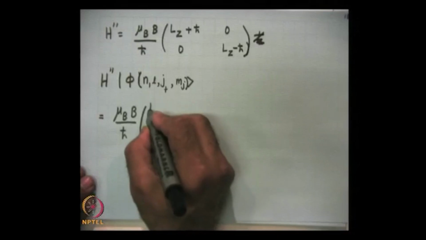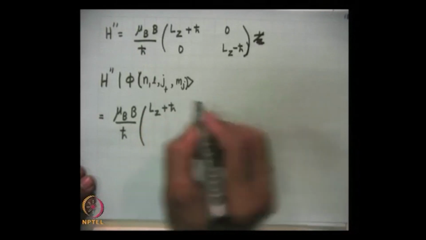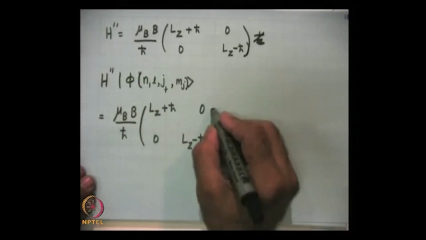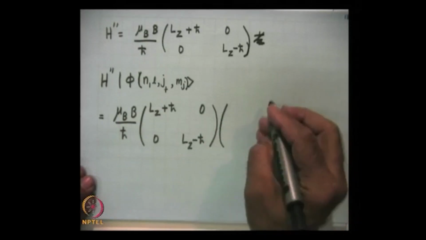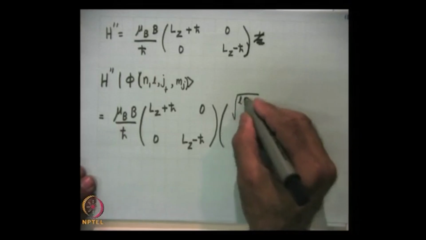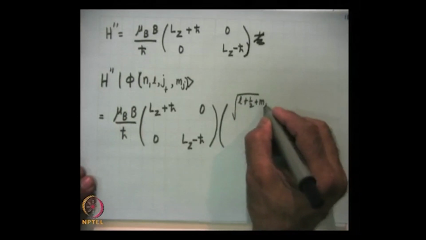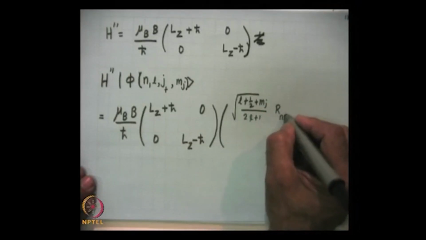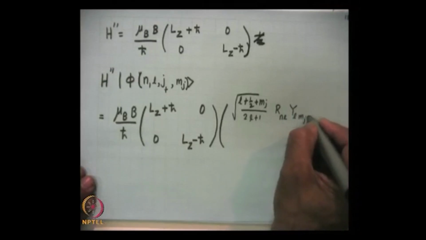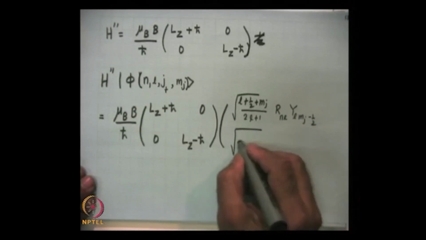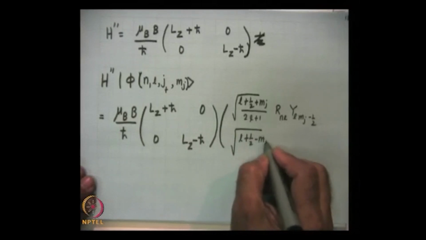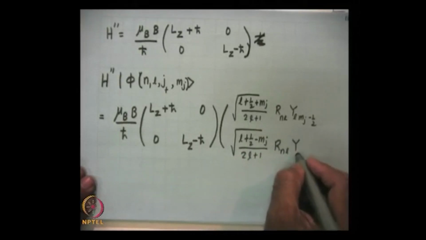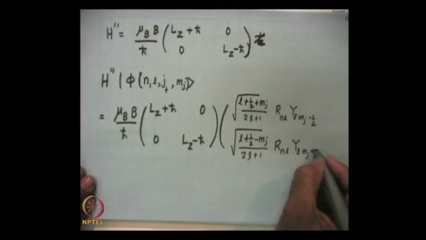Please see this, Lz, one just has to carefully do this, 0 0, Lz minus H cross operating on this: L plus half plus M j, divided by 2 L plus 1, R N L y L m j minus half, and then L plus half minus m j by 2 L plus 1, R n L y L m j plus half.